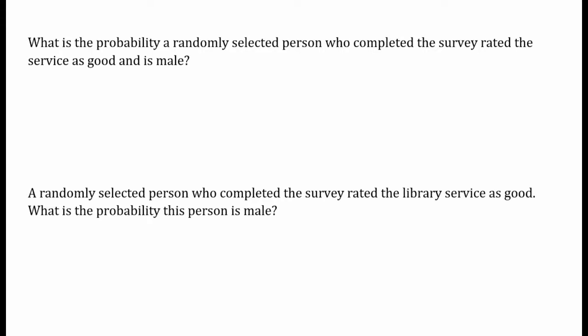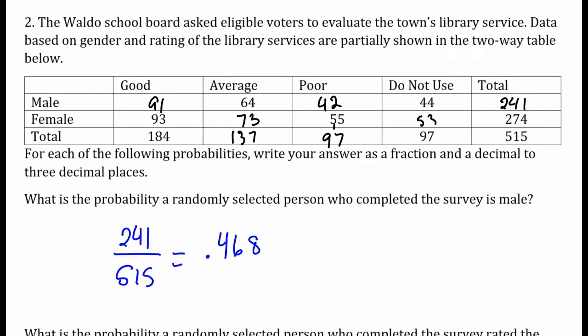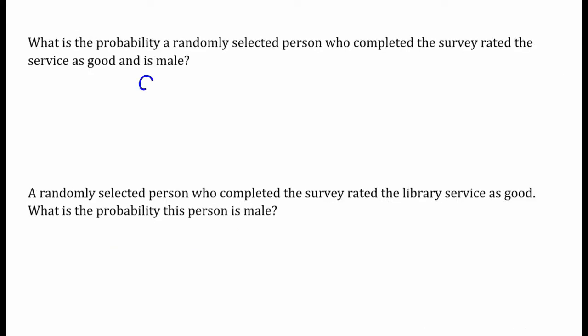What's the probability a randomly selected person who completed the survey rated the services as good and male? So I need them to be good and male, which leaves me with 91. I'm picking that person at random, so it's out of the total. What's that as a decimal? 91 out of 515 gives me 0.177 if I round, about 17.7%.